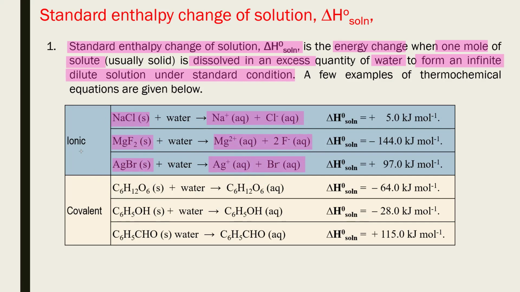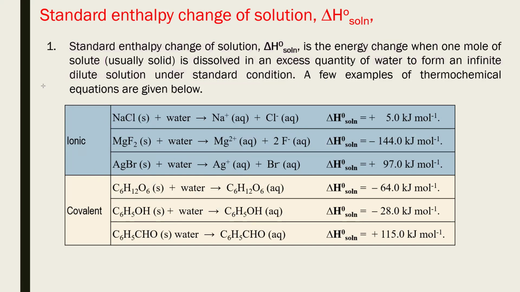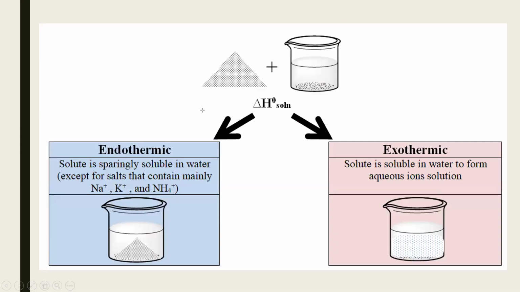Okay, so it can be endothermic, it can be exothermic. If you look carefully, some of them are positive, some of them are negative here. So how can the enthalpy change of solution help us understand the solubility of the substance? When we have solute dissolved inside solvent, there are two possibilities.